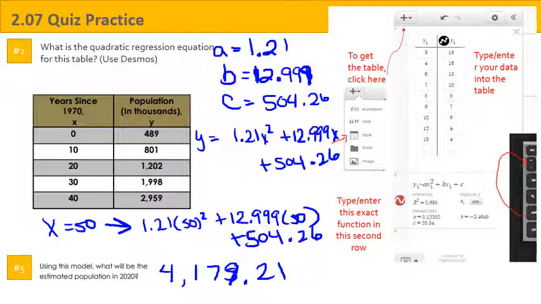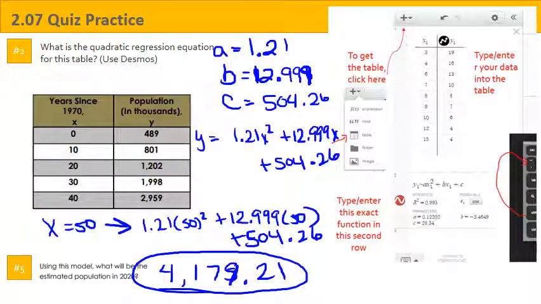Okay? So about 4,179.21 in the year 2020. So that means you plug 50 into that quadratic regression equation and you get an estimate. Okay, keep in mind that this is an estimate. All right, so let's look at the next one.